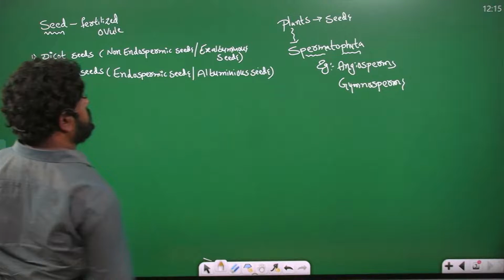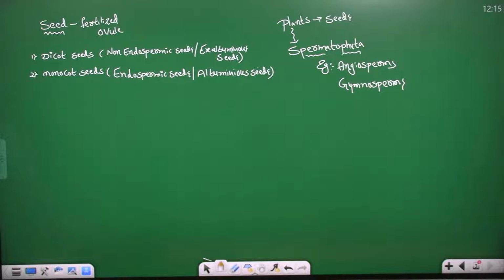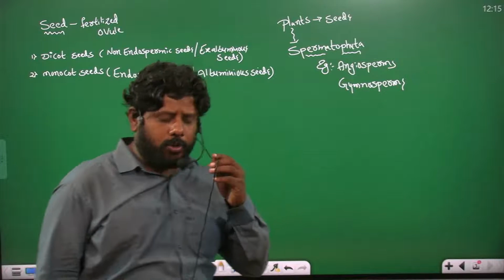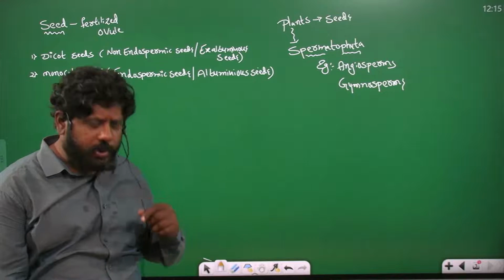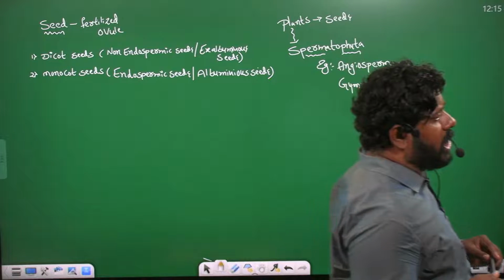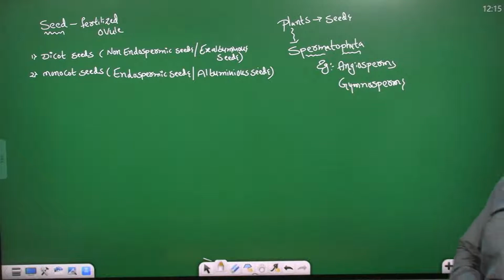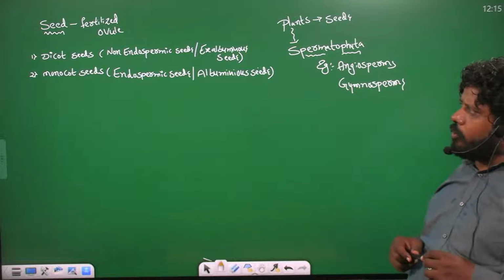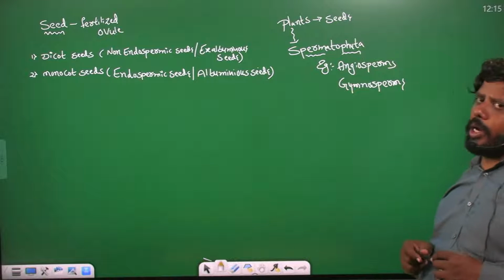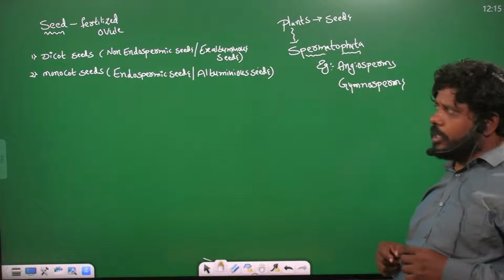Okay. Dicot seeds, in bracket, which are also called non-endospermic seeds or ex-albuminous seeds, and monocot seeds are also called endospermic seeds or albuminous seeds.